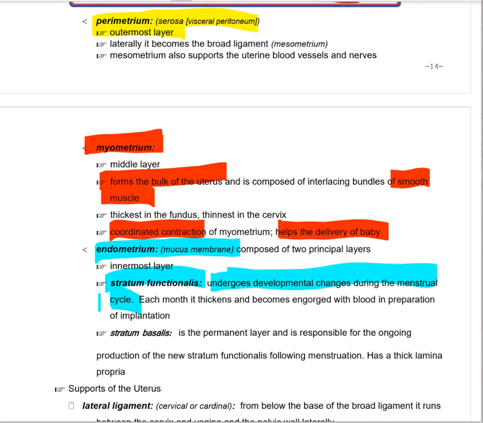It thickens each month, becomes engorged with blood, and it's preparing for implantation. Right? Each month, the uterus is assuming that implantation could occur, that we could have a fertilized egg happen and implantation could occur. So each month, it prepares for that event. If it does not happen, then that layer, that functional layer, will be sloughed off during menstruation.